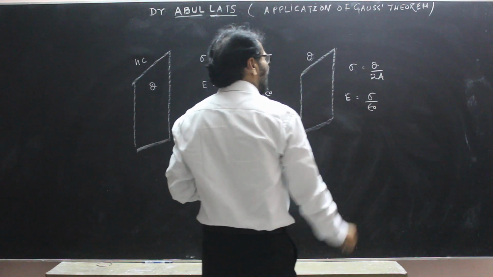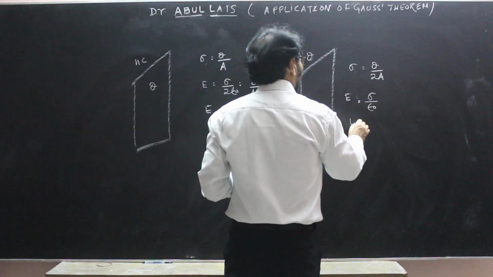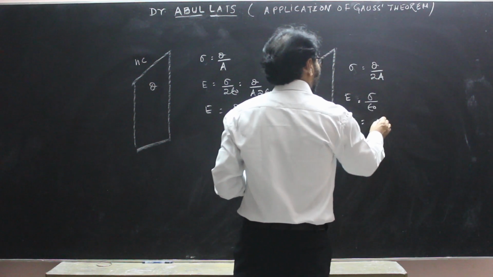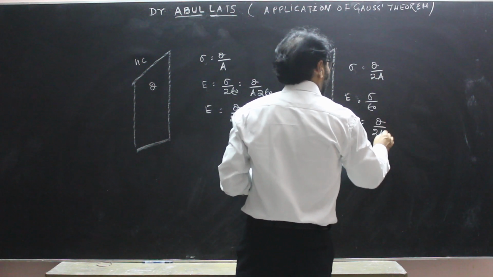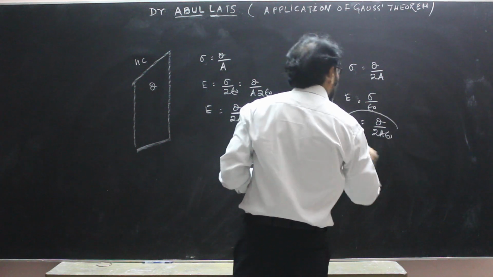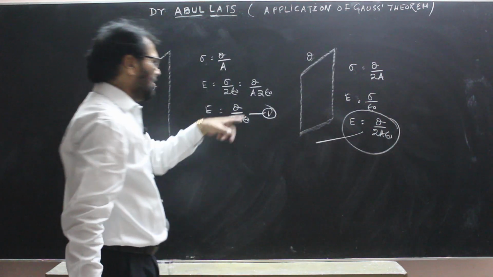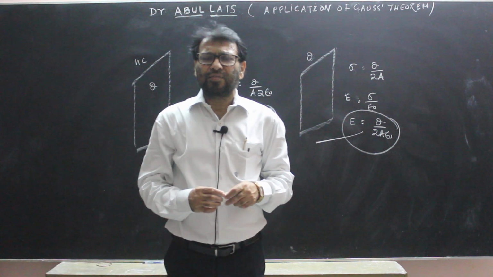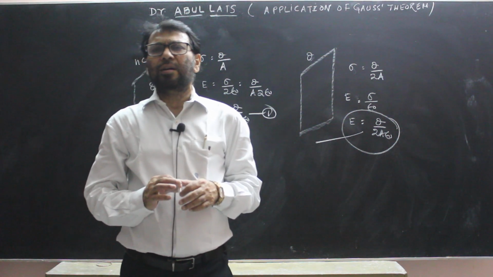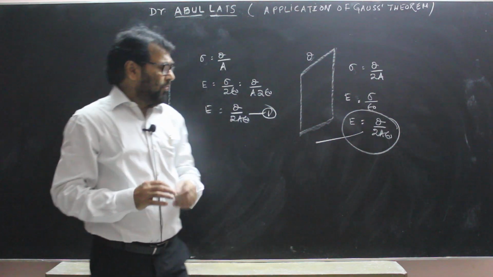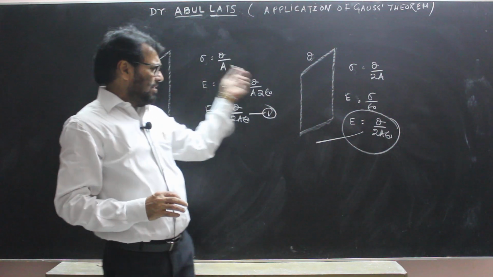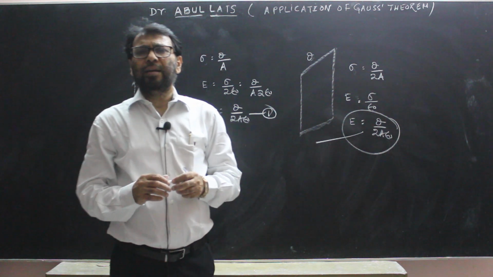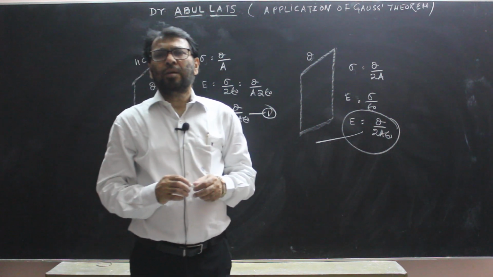So here the electric field is Q by 2A epsilon naught. Here also the value of electric field is the same. So whether it is conducting or non-conducting, if some charge Q is given to the conductor, the value of electric field in both the cases will be the same, Q by 2A epsilon naught.